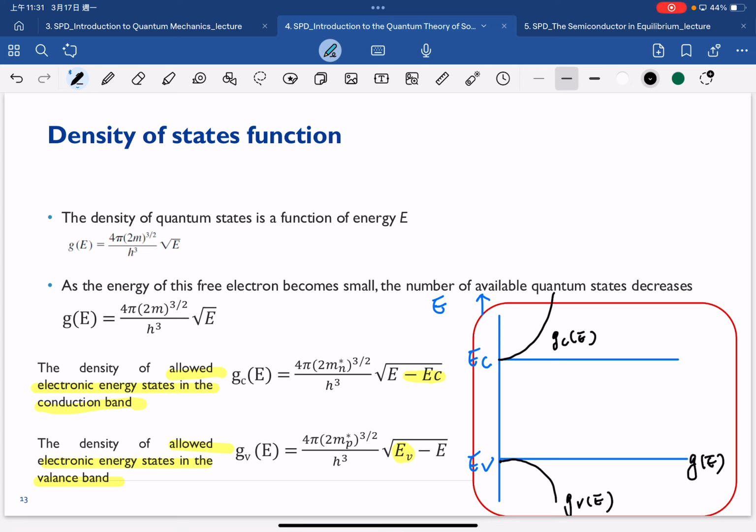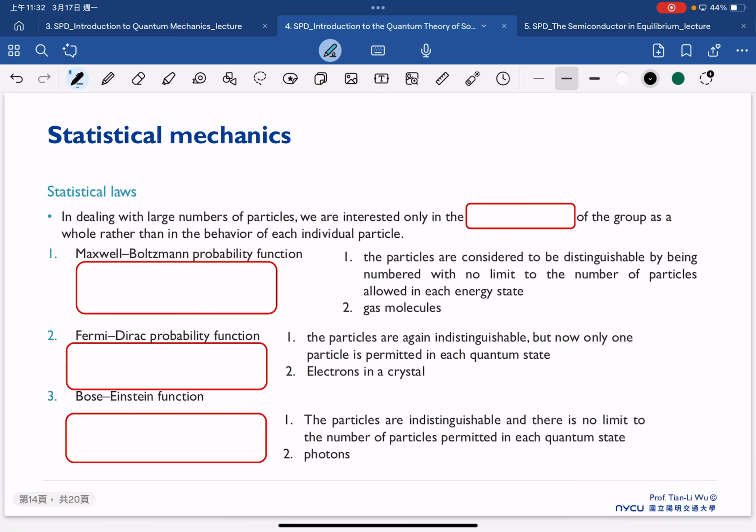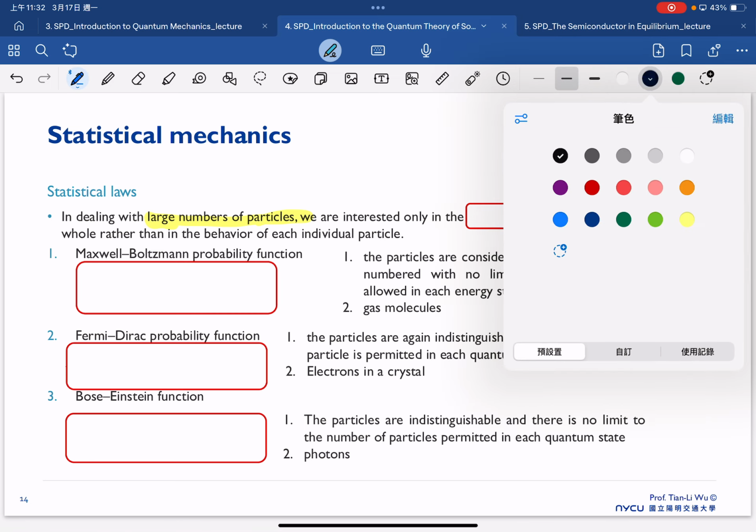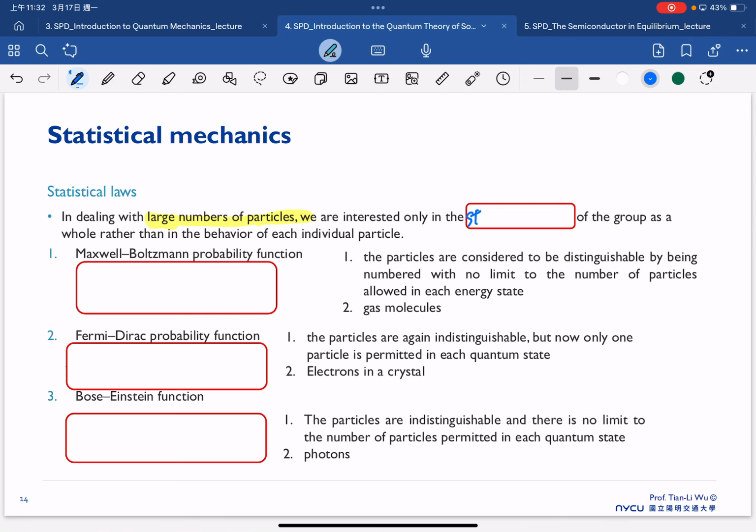Okay, so now we have the density of states function inside the conduction band and inside the valence band. But again, because we try to deal with a large number of particles, we are interested only in the statistical behavior of the group as a whole rather than each individual particle.